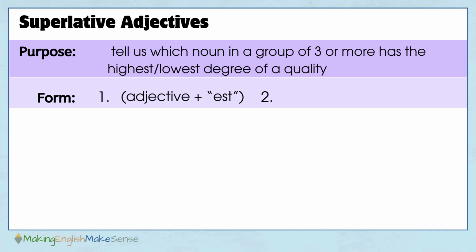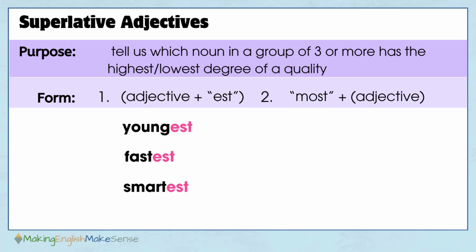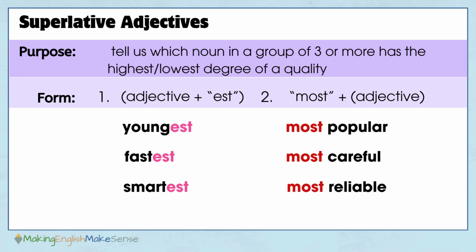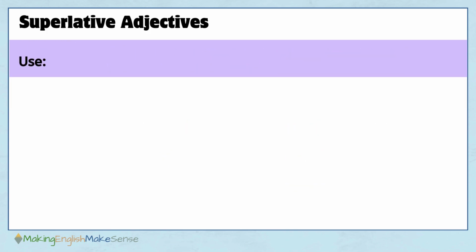We either add the suffix -est, like youngest, fastest, smartest, or we use the word most, as in most popular, most careful, most reliable.